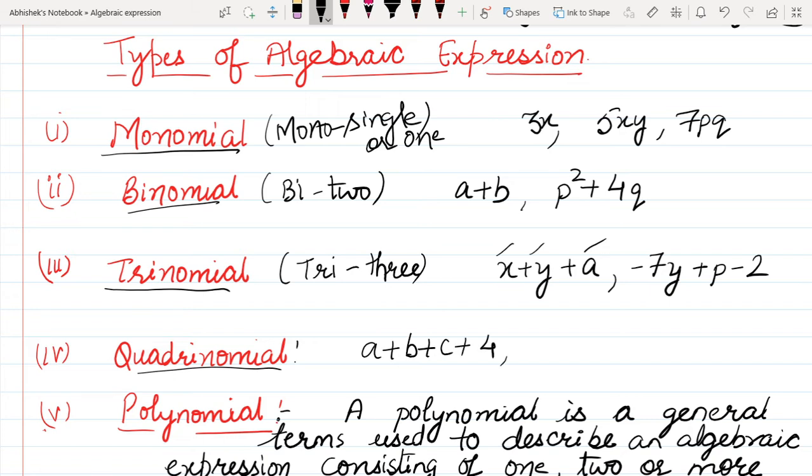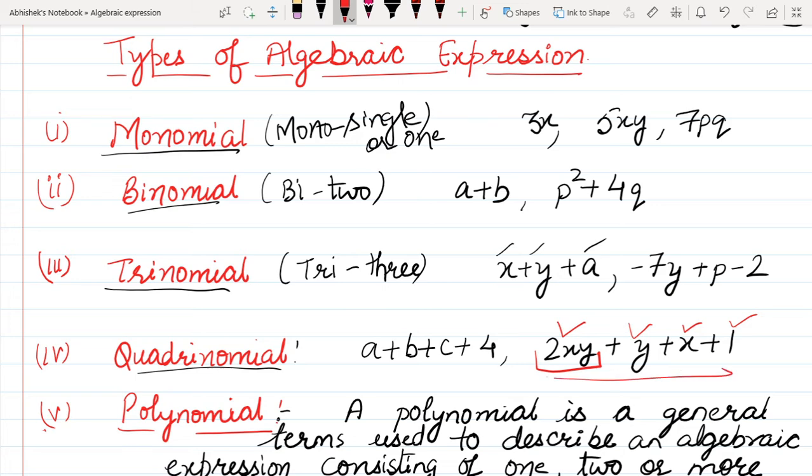So here we have four terms. 2xy plus y plus x plus 1. Again you can see this is also four terms: 1, 2, 3, 4. This 2xy is a single term, because in this we have a multiplication sign. So this is considered a single term. So in total we have four terms, so this is known as a quadrinomial.